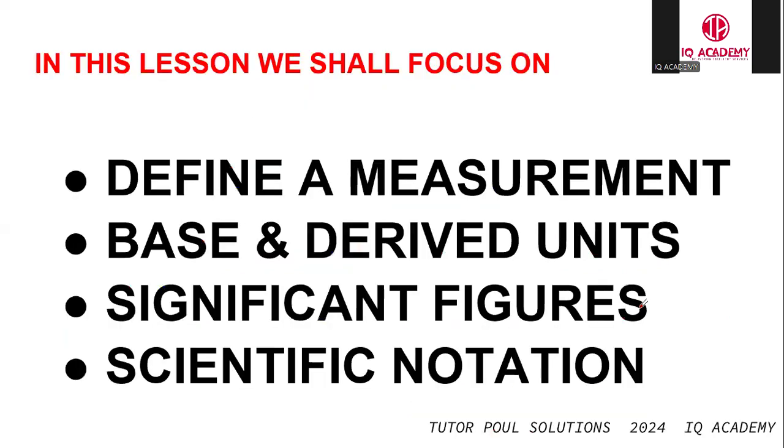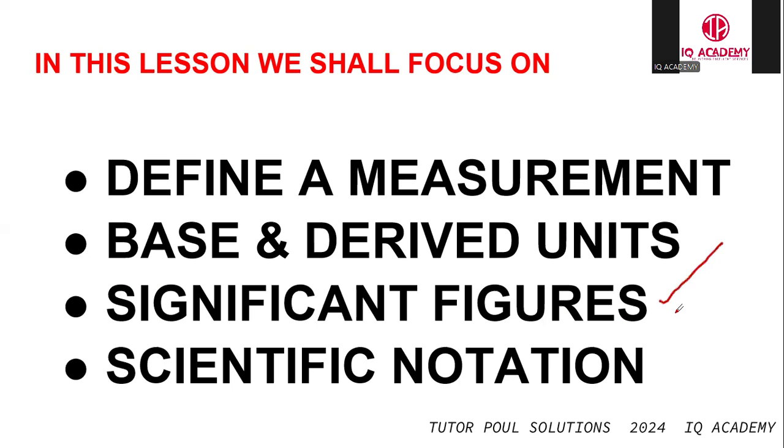Okay, so in today's lesson, we want to focus on these few objectives that I've outlined. We want to define what a measurement is in chemistry, and then we want to look at the base units and the derived units. From there, we'll talk about significant figures.